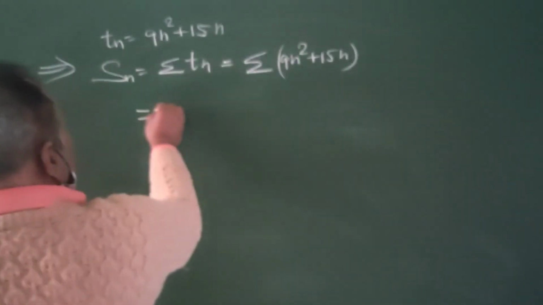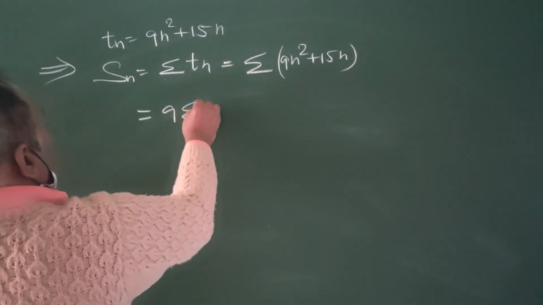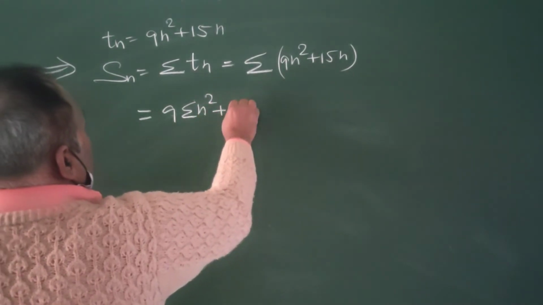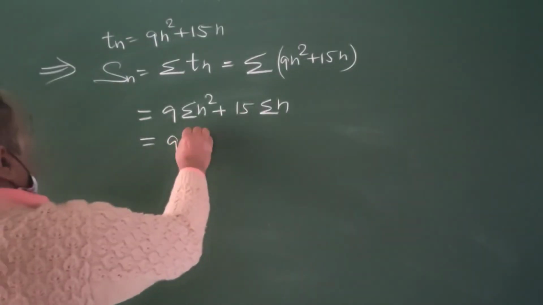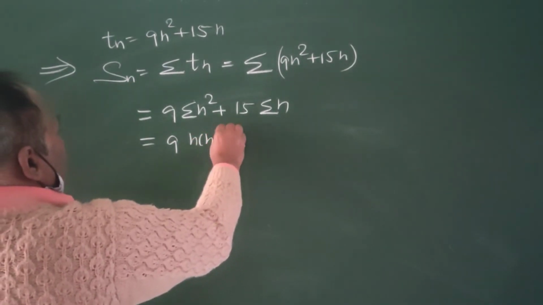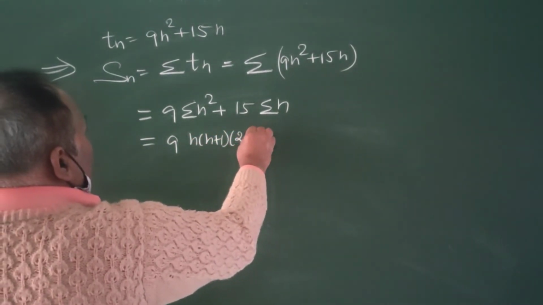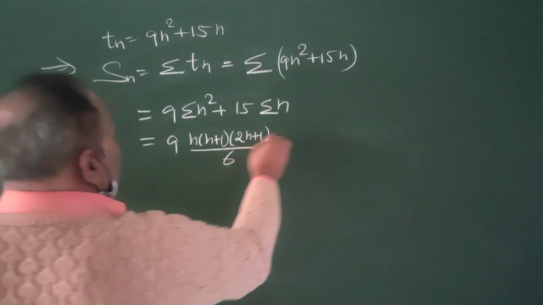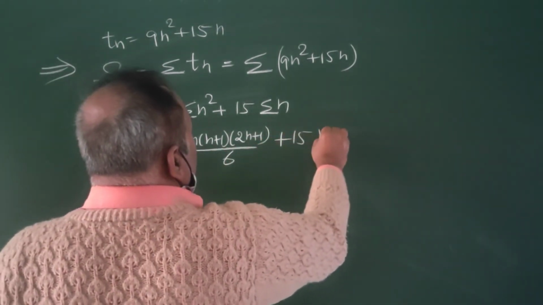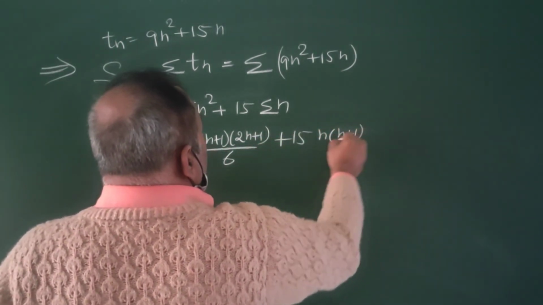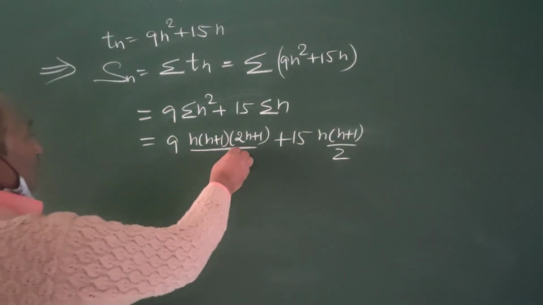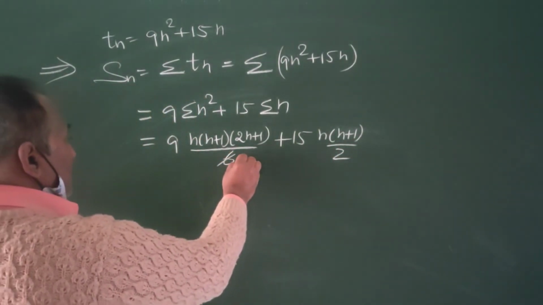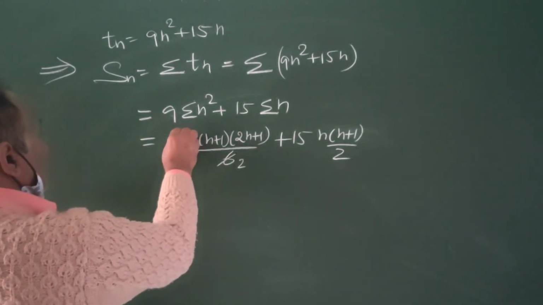That is equal to 9 into sigma n square plus 15 into sigma n. 9 into n into n plus 1 into 2n plus 1 upon 6 plus 15 into n into n plus 1 upon 2. This can be cut by 3. 3 2s are 6, 3 3s are 9.